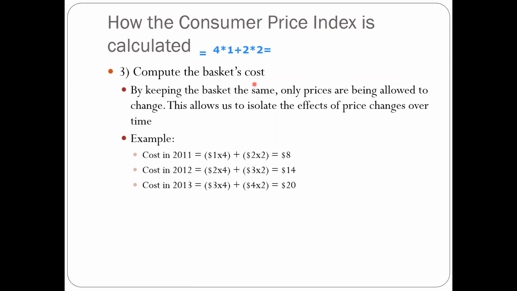We can calculate the cost by multiplying the quantity of every item multiply the price. So every quantity multiply price, and then we calculate the product, and then we have the final product, which is the Consumer Price Index. So cost in 2011 was $8, cost in 2012 was 14, cost in 2013 was 20.